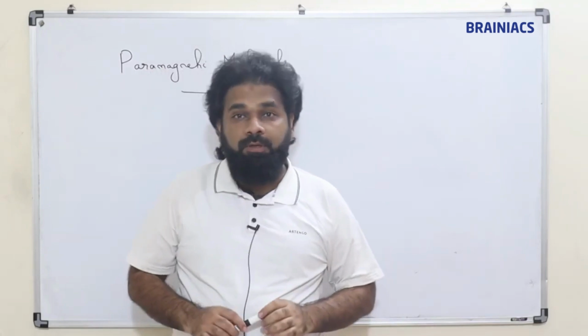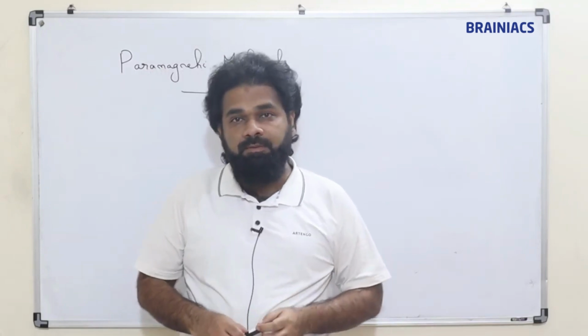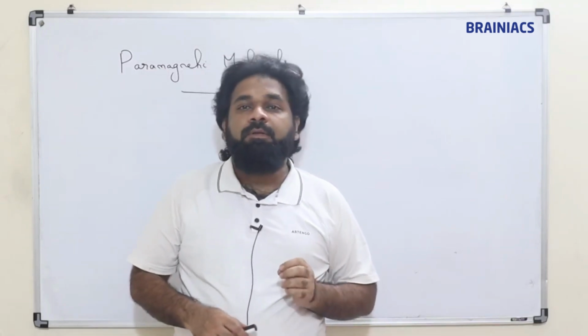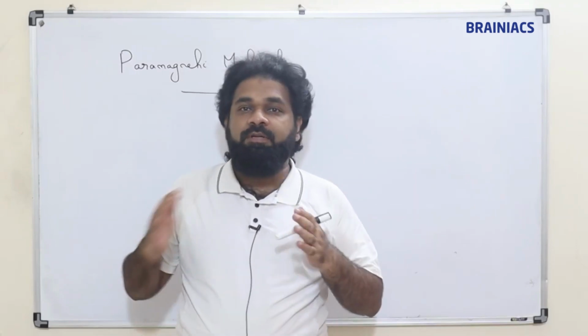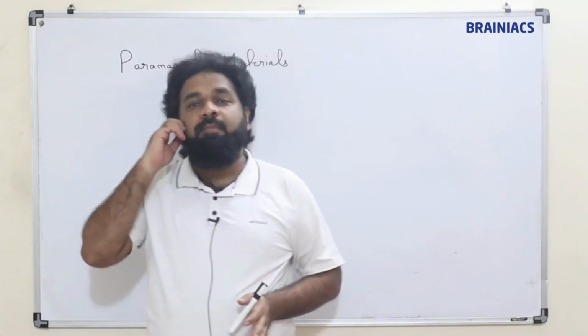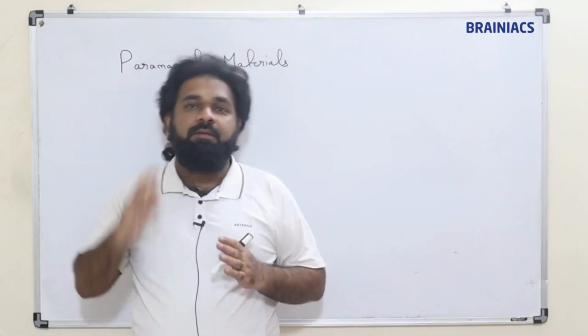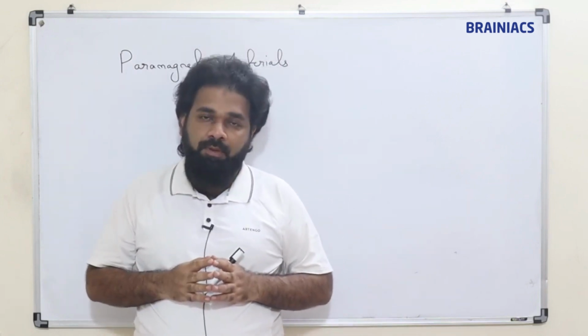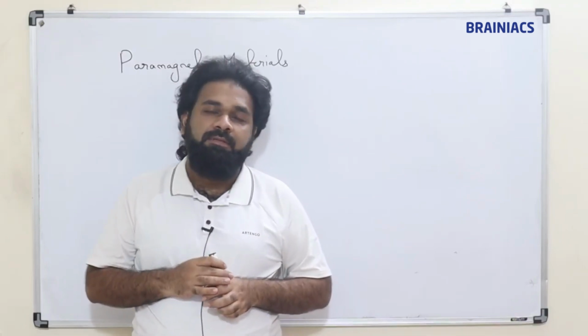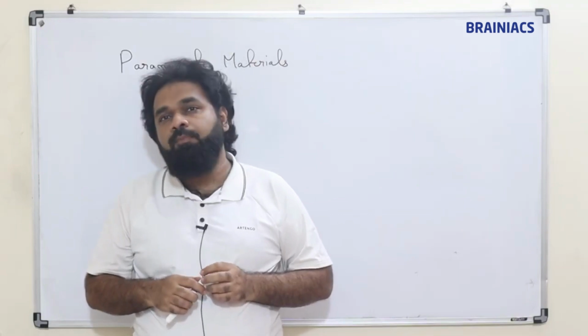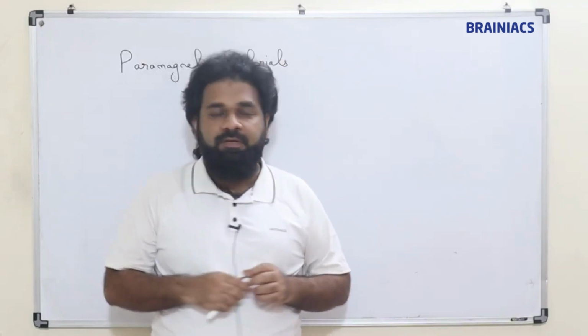Now we will see paramagnetic materials. In paramagnetic materials, compared to diamagnetic materials, what is the difference? In diamagnetic materials, atoms with a dipole moment are absent. But in paramagnetic materials, atoms with a dipole moment are present.